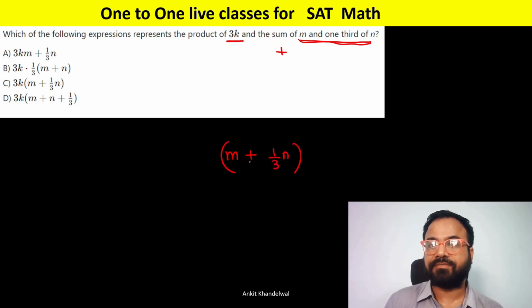So this sum, and we are taking the product of 3k and this. So 3k multiplied by this. Generally we don't write the cross symbol. So 3k times (m plus 1/3 of n), option C is the correct answer.